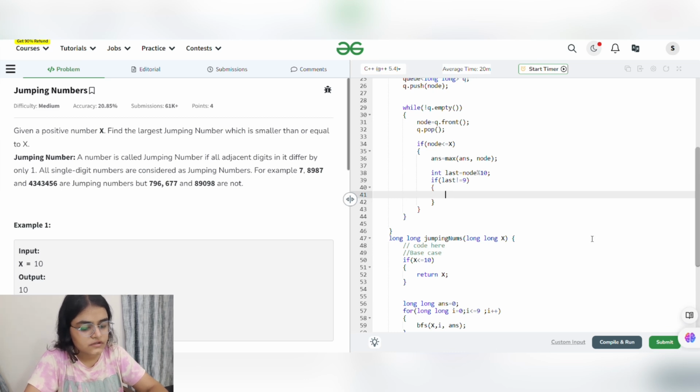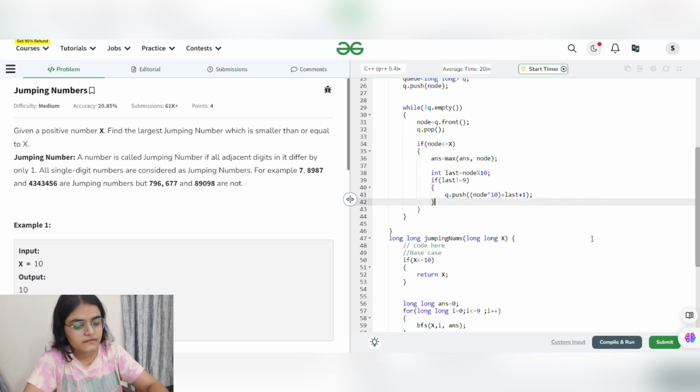So q dot push node into 10 plus last plus 1, right?